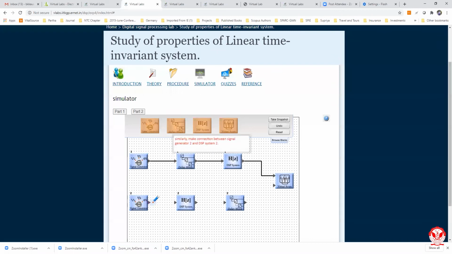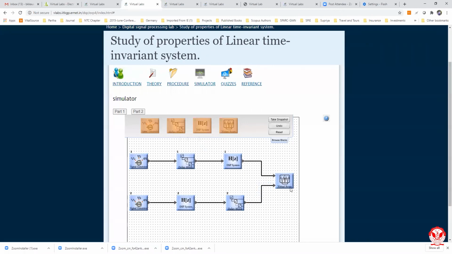We are connecting like this. Now signal generator and the DSP system is connected. So the signal xt is passing through the DSP system, and it is the yt now. So yt is delayed by the delay block here in this manner. Yeah. Now the delay block will be connected to the virtual scope. So we have connection here now.